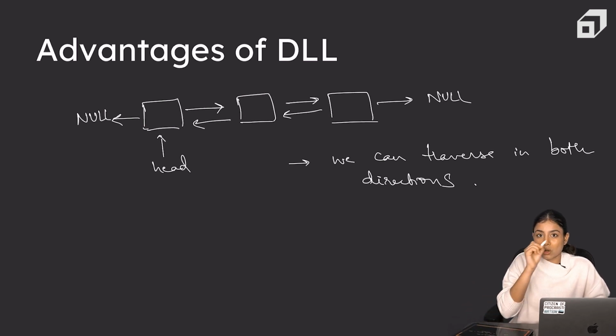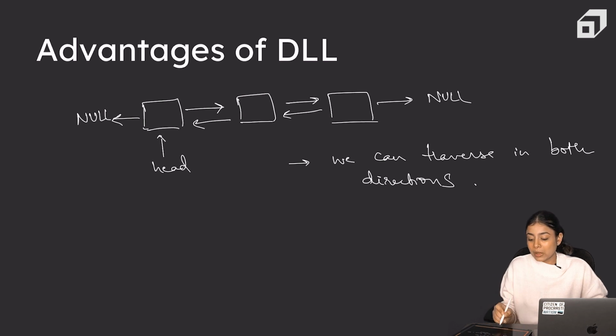So it was not possible for me to move backward. But here, since every node also has a link to its previous node in the list, we can also traverse our linked list in the backward direction. So this is one of the advantages that we have.